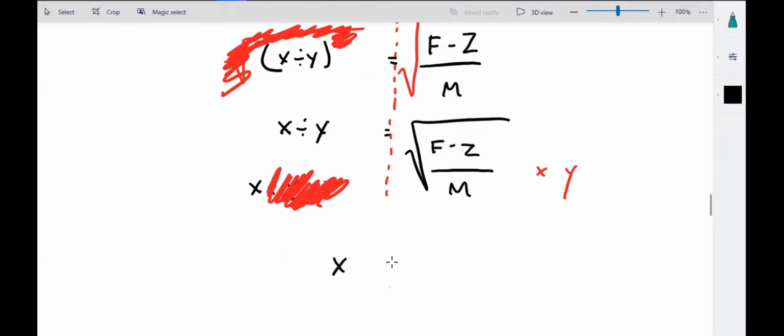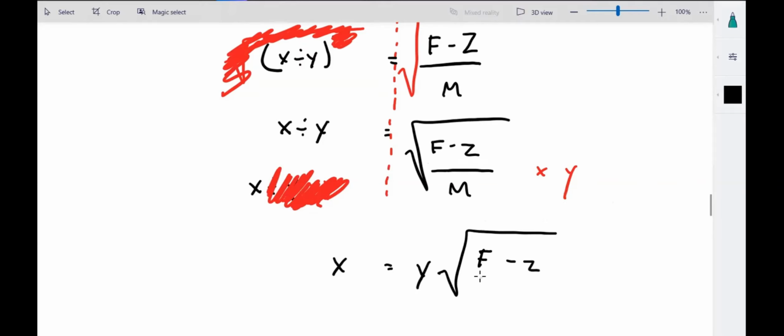Now it's by itself. Now I have this times y at the end here. I'm actually going to switch it up and put it in the front, right here. The reason I'm doing that is because the times y is not inside the radical. I'm not multiplying the f and the z and the m by the y. I'm multiplying the whole radical by y. And having it afterwards, it may look like it's inside the radical, but it's not.